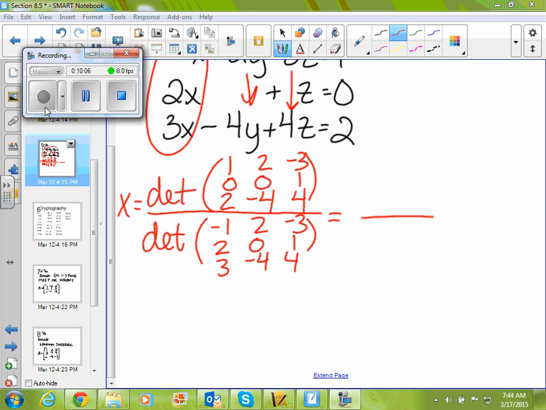So if you plug those into your calculator, you can figure out what the top and bottom would be. Plugging that top one in, you should get a determinant of 8. Plugging that bottom one in, you should get a determinant of 10. And if I reduce that fraction, I end up with 4/5.